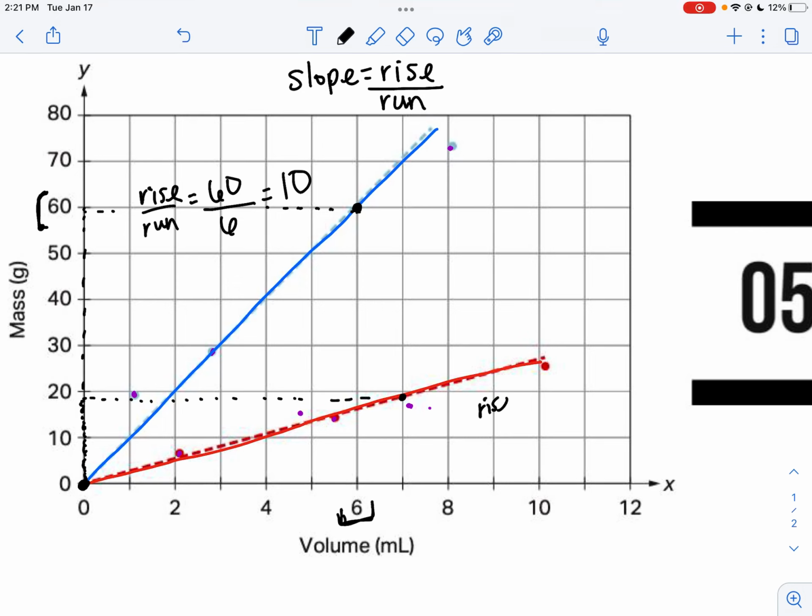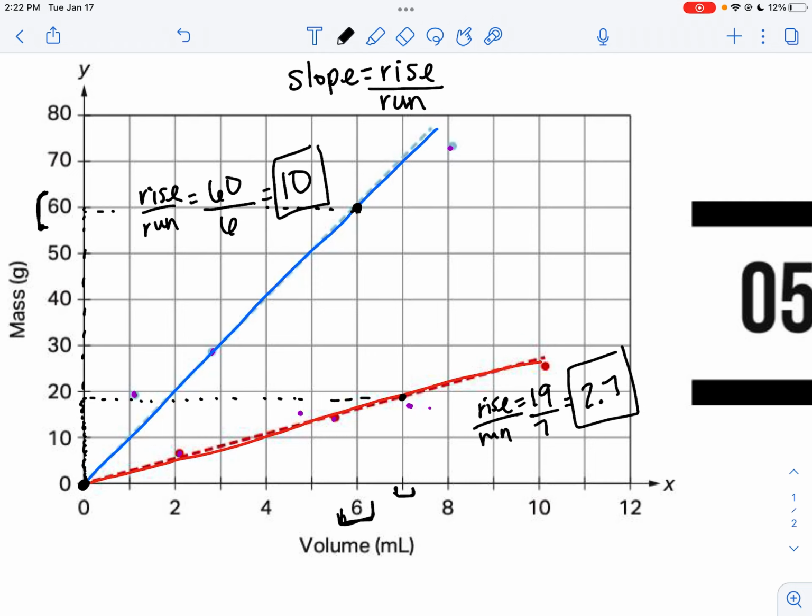So I'm gonna say my rise is 19. And then my run, right, I went all the way over to right here, which is 7. And so if I type that in my calculator, 19 divided by 7, then you end up with 2.7. So the slope of my top line is 10. The slope of my other line is 2.7.